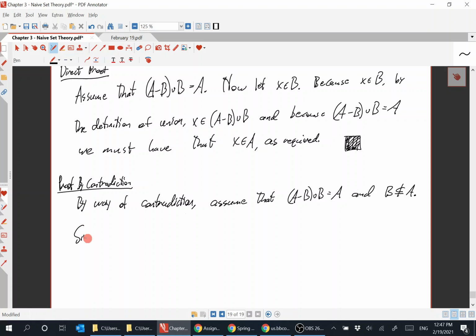Proofs by contradiction are sometimes easier, because there's something going on in a proof by contradiction that you don't have otherwise. You have more information.